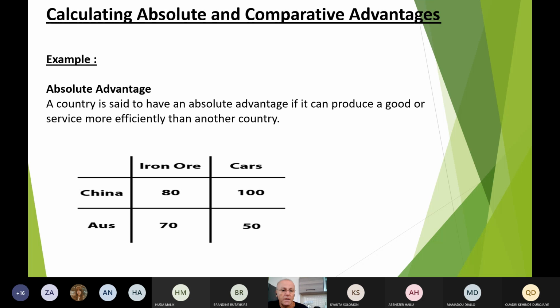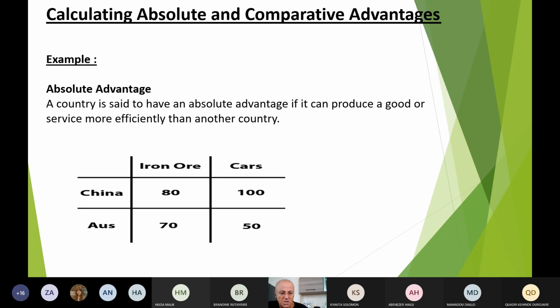And when we are calculating the comparative advantages and absolute advantages from this opportunity cost, we have an application which is given to you in your assignment.